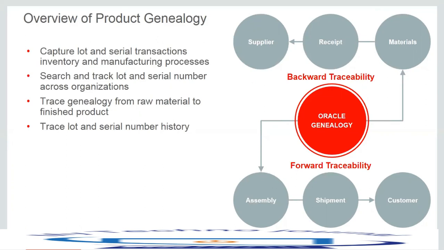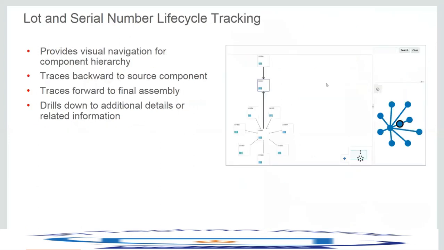So using this product genealogy, we can search for a lot or a serial number across organizations, as well as identify and view the complete global history at the facilities. This diagram depicts how selecting genealogy details displays a graph that enables you to visualize items from raw materials to delivery.